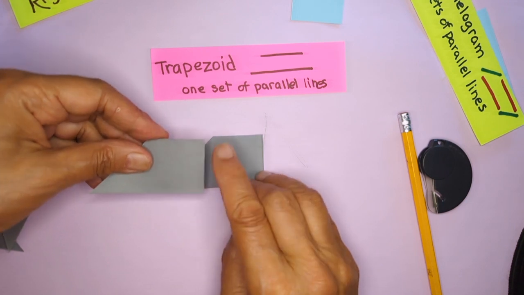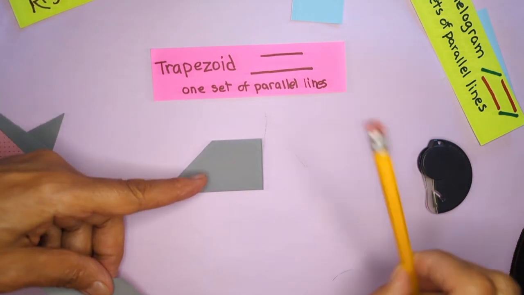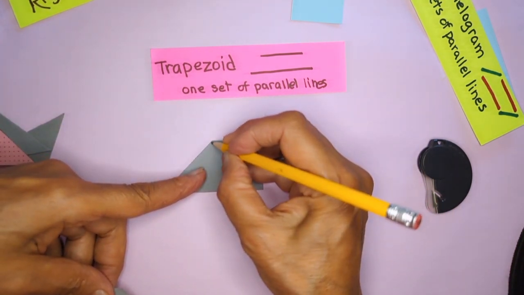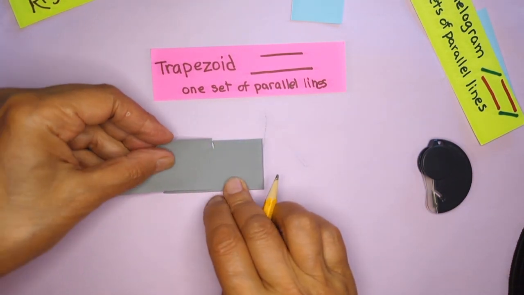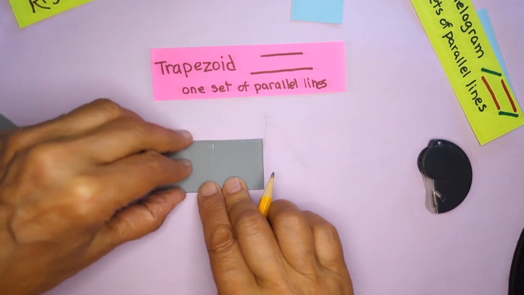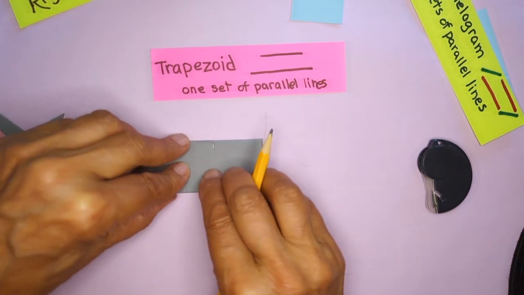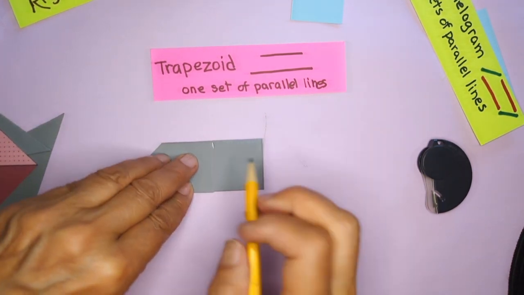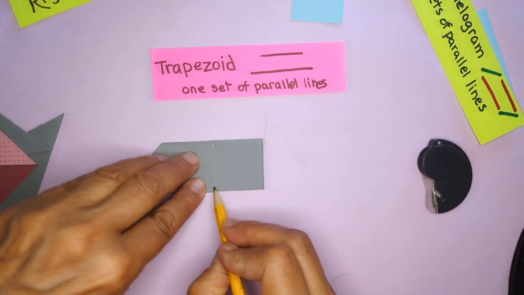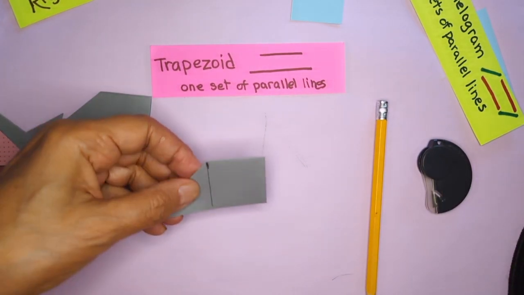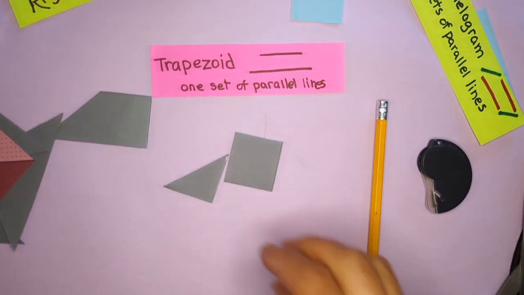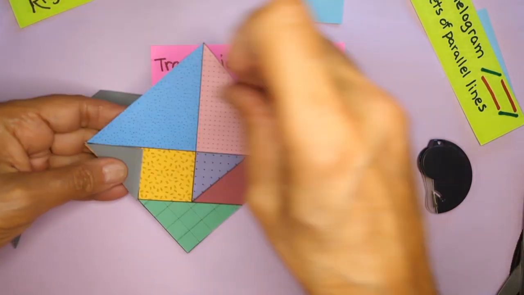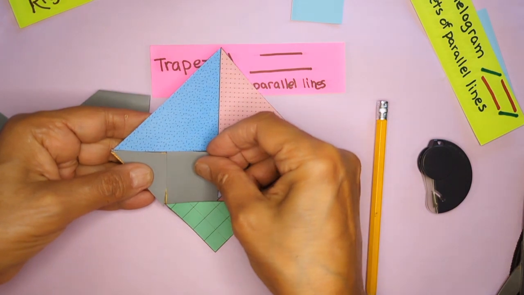I'm going to meet right here at the top of that triangle and line this up so this bottom is straight across. There's my line, and I'm going to cut that. Boom. We've got our triangle and our square.